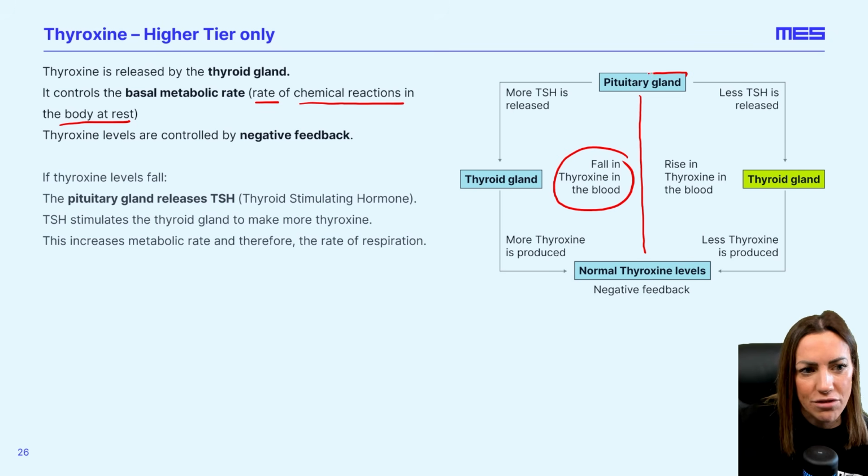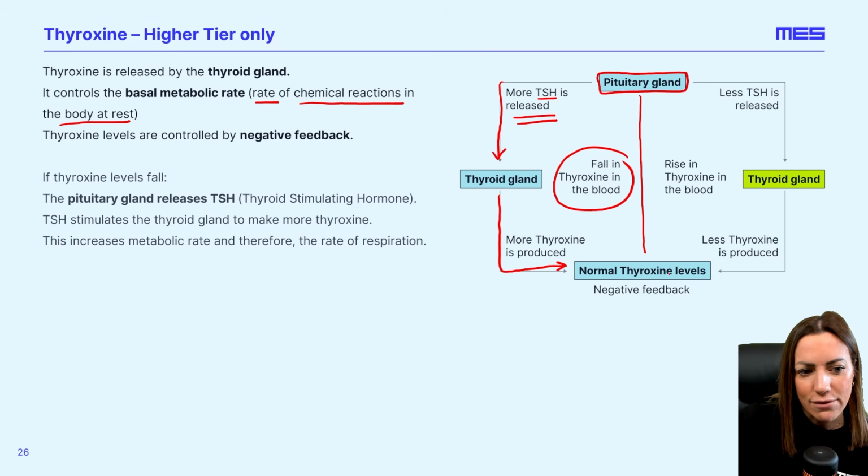The pituitary gland, which is known as the master gland in the brain, will release more thyroid stimulating hormone, or TSH.